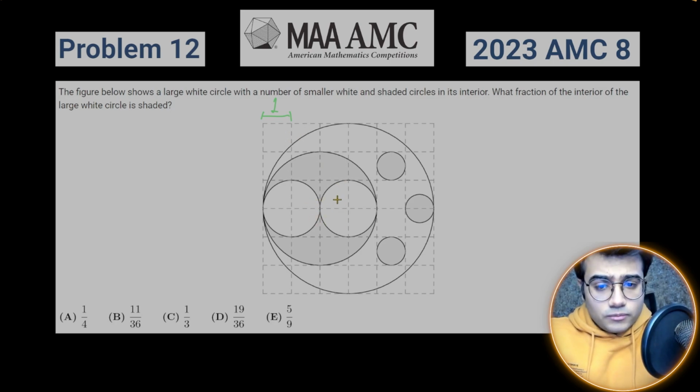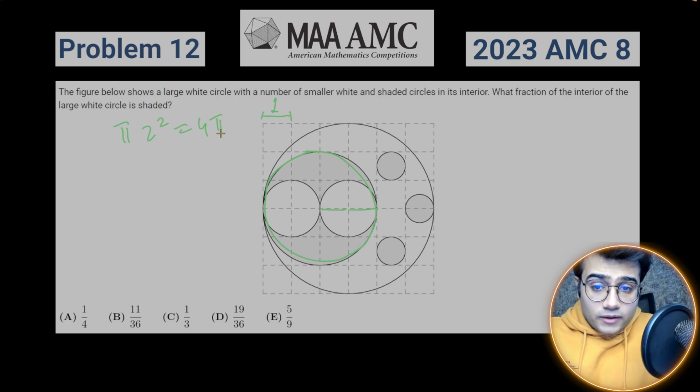It doesn't actually really matter what the actual radius is. So taking one box as 1 unit long, this circle right here is going to have a radius of 2 units. So that's pi times 2 squared, so that's 4 pi. That's the area of this circle.